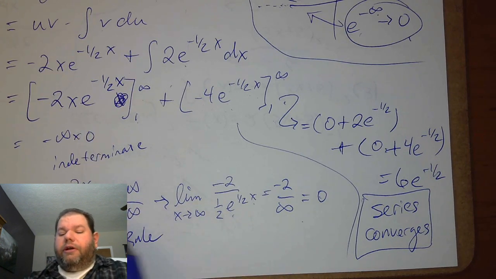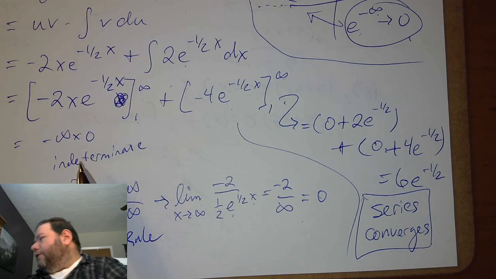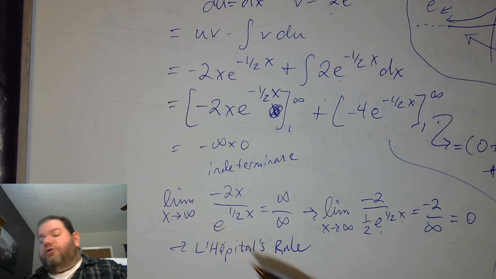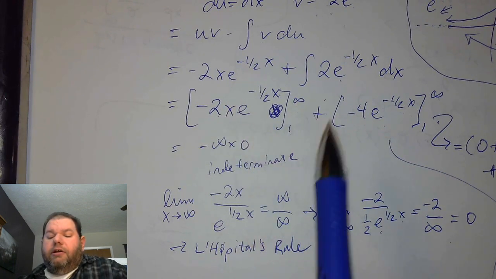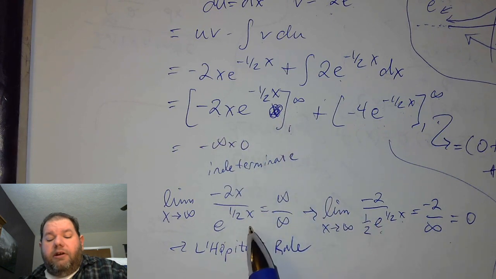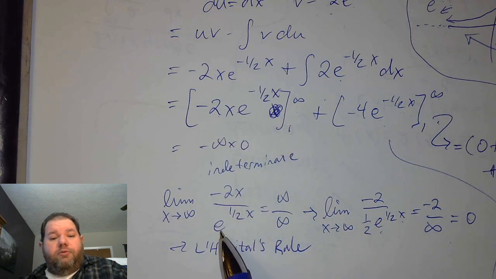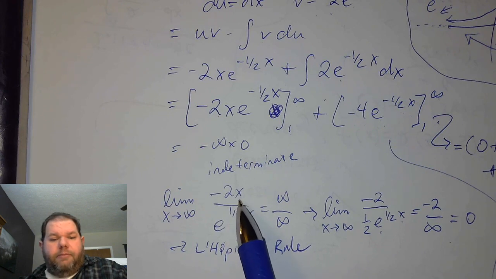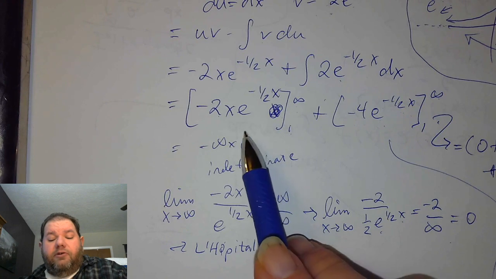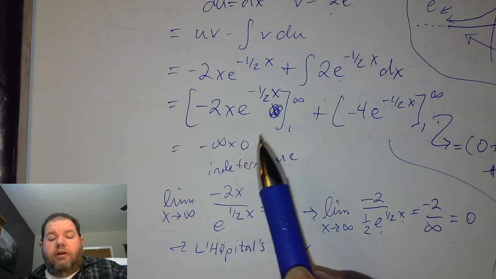Now the shortcut here, and we went through this discussion regarding L'Hopital's rule, is that the exponential will always determine what happens to the outcome here when we plug in infinity. Exponential will always take precedence over a polynomial. And so whatever the exponential does is really what happens here, which is goes to 0.